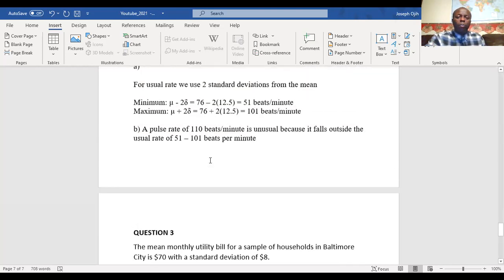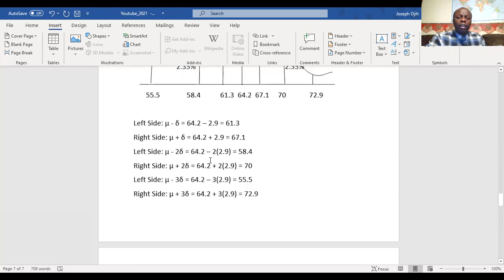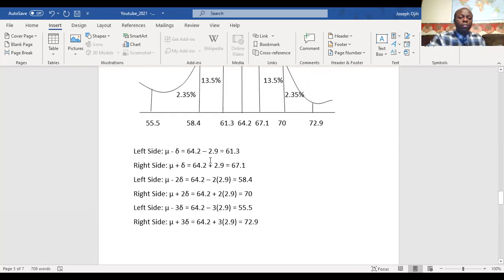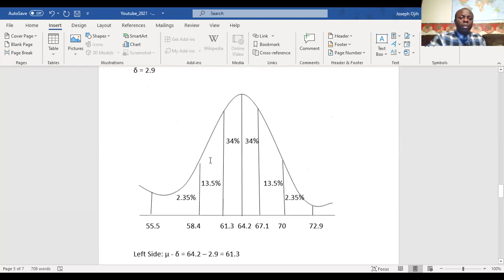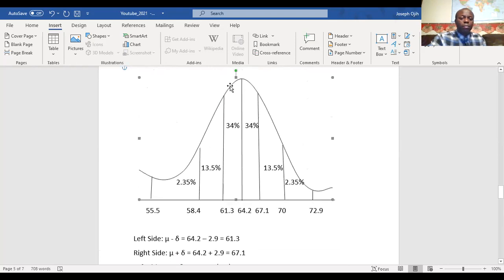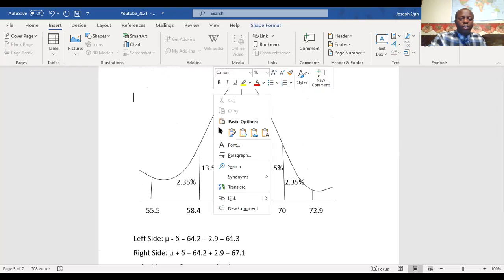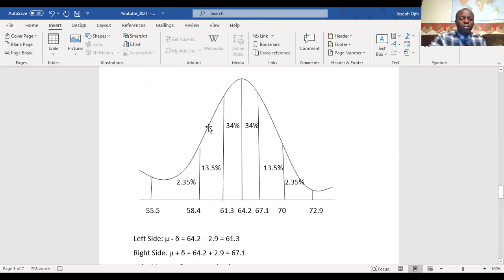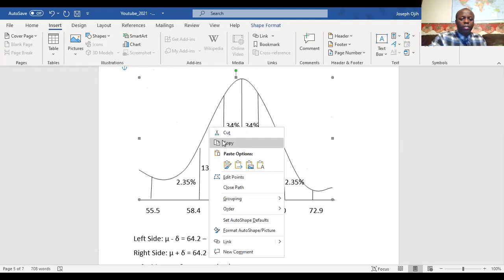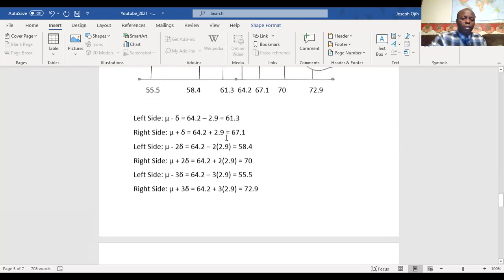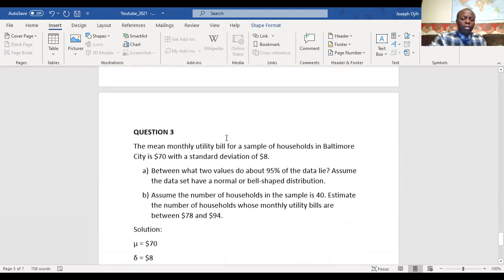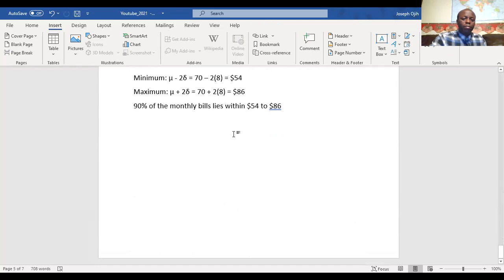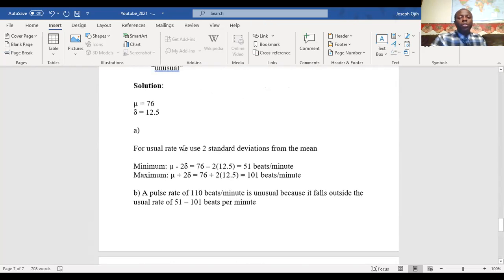So, like I said, I'm going to copy this, then paste it here, and then get our values. Okay. I think I'm going to copy all of them.